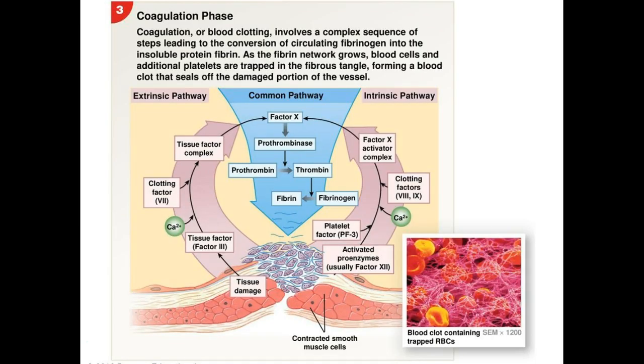And then the coagulation phase, and one of the things that I want to say about the coagulation phase is you have these pathways. The extrinsic pathway, which you see on the left, is immediate and it's very fast acting, but doesn't last long and doesn't produce a particularly large amount of factor X. At the very top you can see this factor X. Factor X is the key component.